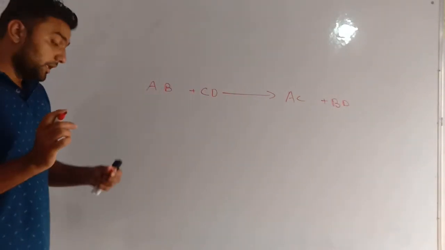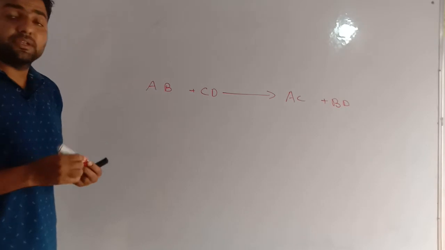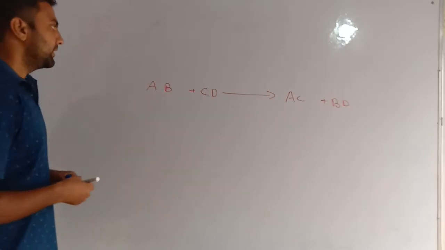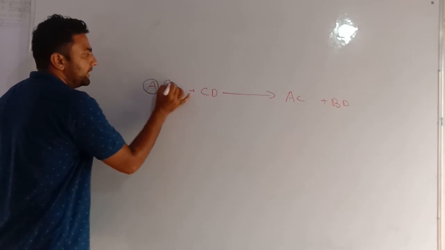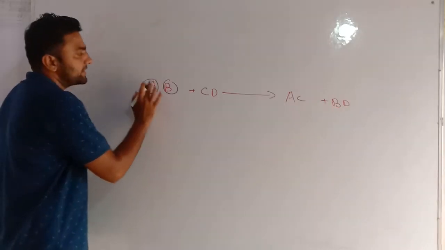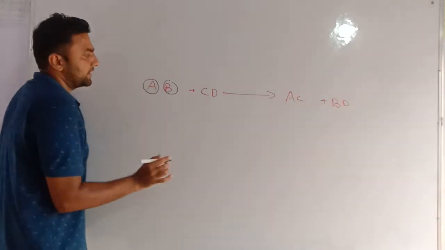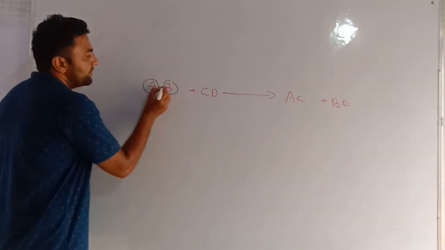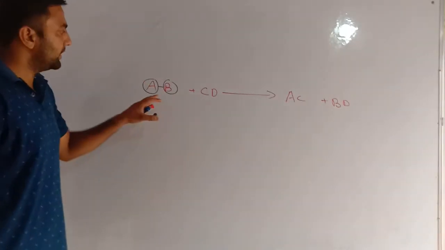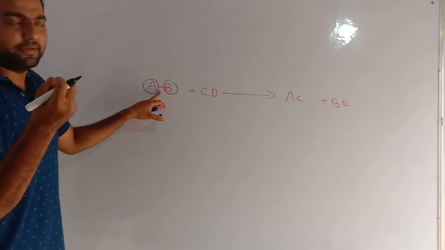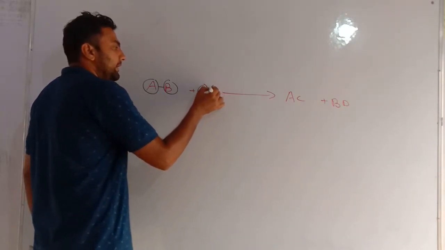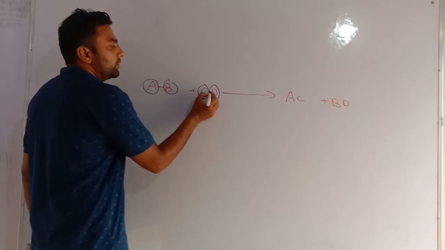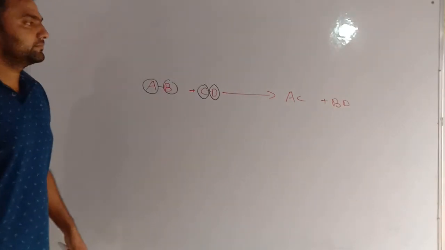Very important. Why has the chemical reaction taken place? A and B are two different elements and this is a compound. Let's take for example that this compound has a bond. These C and D also have a bond.